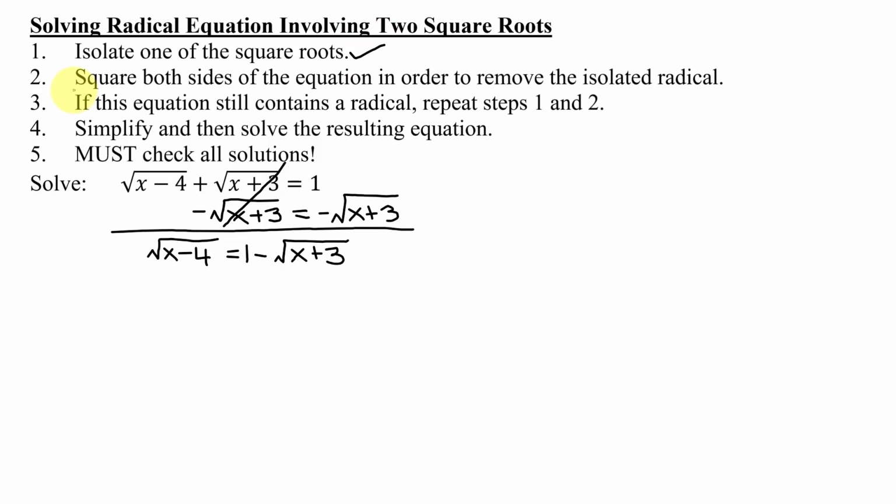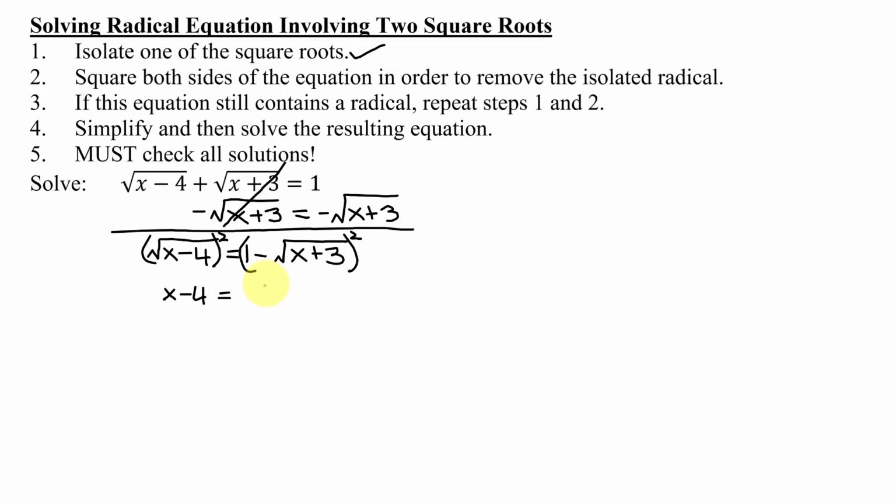Step 2 says to square both sides of the equation in order to remove the isolated radical. So I'm going to square the left-hand side. And then on the right-hand side, make sure you square the binomial. You can't square each term individually. So on the left-hand side, when I square the square root of x minus 4, I just get x minus 4 equals.